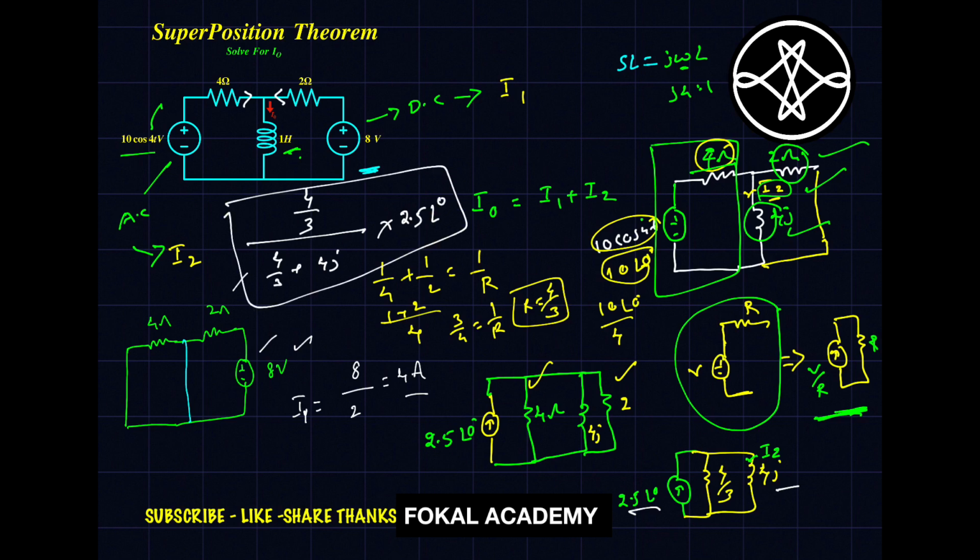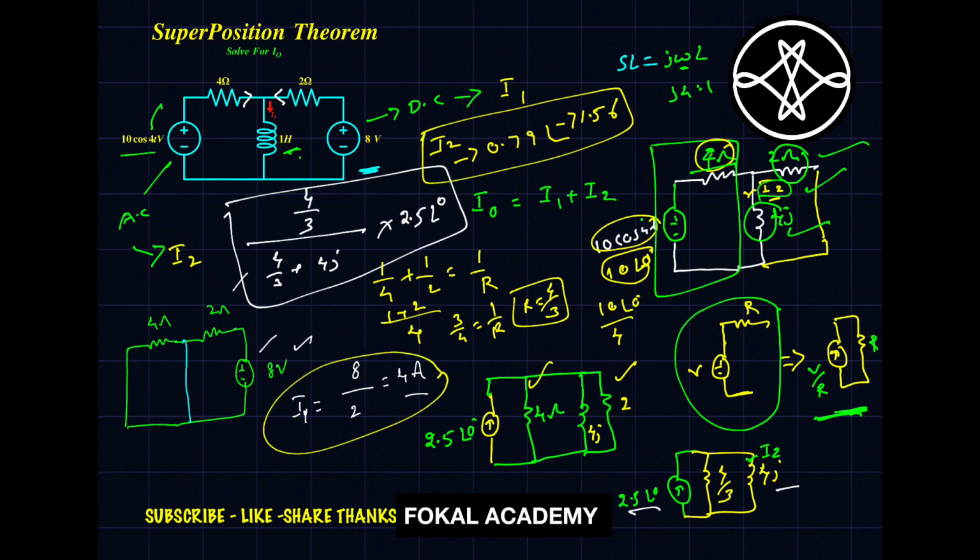By simplifying this we get 0.79 with phase angle minus 71.56. So this is current I2. I1 we got as 4 amperes and I2 we got as 0.79 with phase angle minus 71.56.